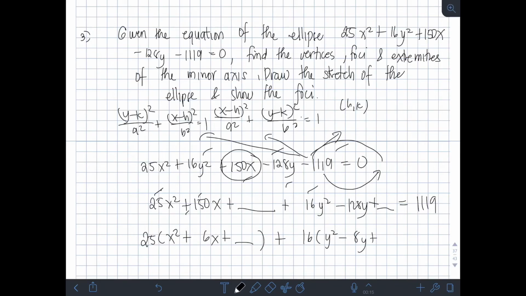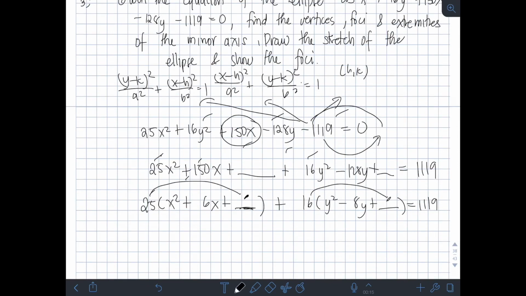So, 8y plus blank equals 1119. Okay, so sinama ko yung blank dito sa finactor ko. Ibig sabihin, kung ano man yung i-add natin dito, i-multiply natin yon by 25 at dito rin, i-multiply natin by 16 at yun yung i-add natin dito sa right side. Kasi naka-include sila sa parenthesis, right?